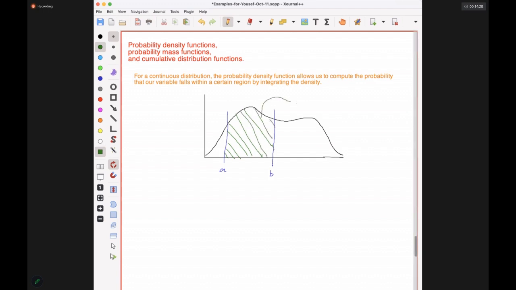This here, what I just shaded in green, is the probability that x is between a and b, if this, our vertical axis, is f of x and our horizontal is just x. And because this is the area under a curve, we can find this as, or at least we can write it as, the integral from a to b of f of x dx.